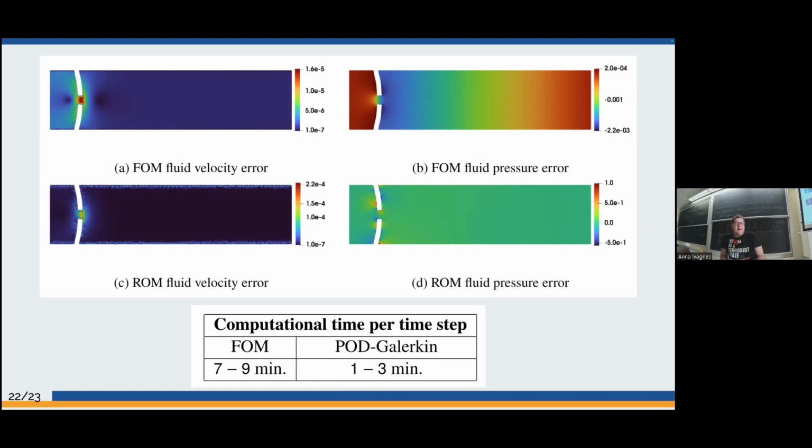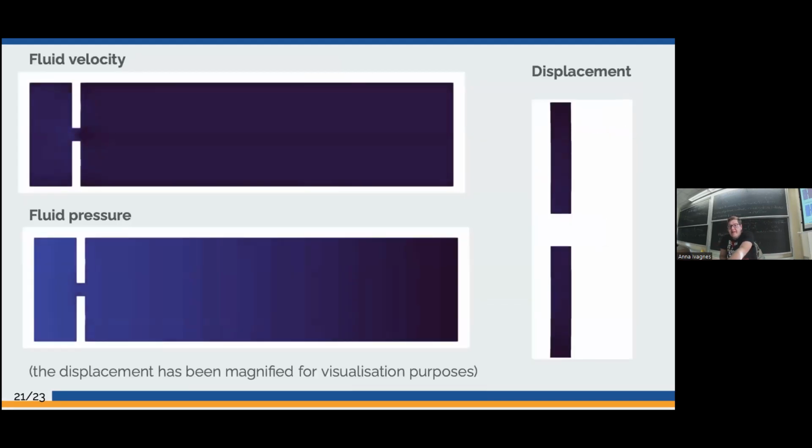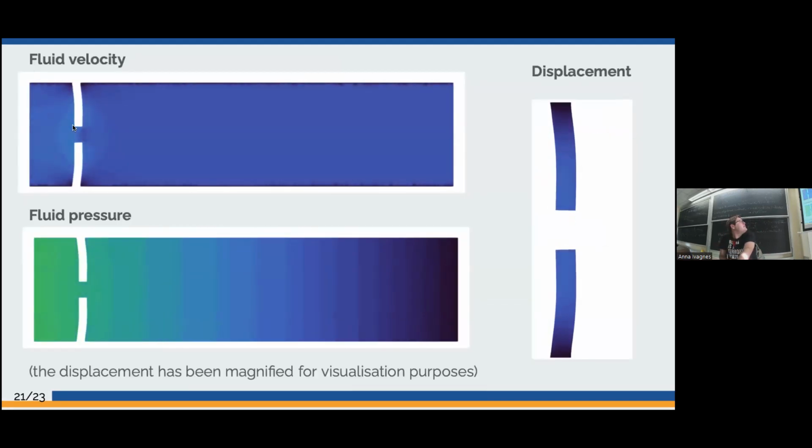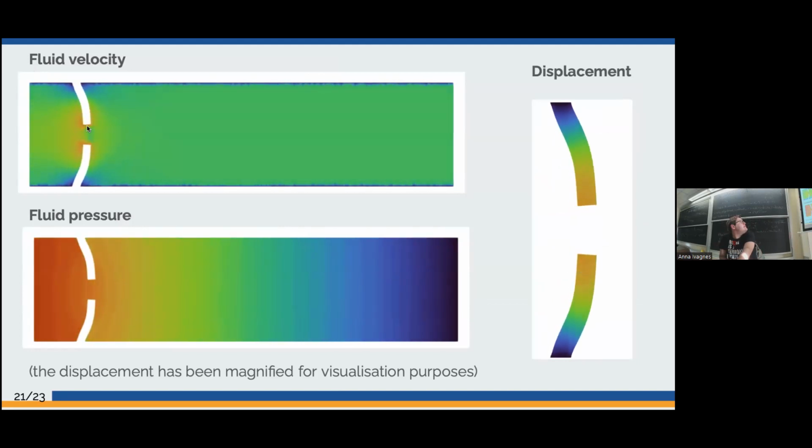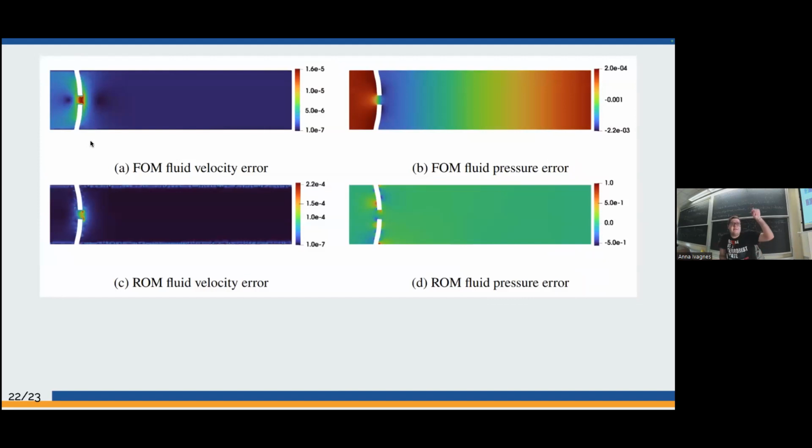If you use a coarser mesh, the full order model is not as good at catching the proper features. Because at some point at the edges of the interface, we have in time some kind of vortices around, not exactly vortices, but very strange flow, because we have a non-convex domain at some point in the fluid part.